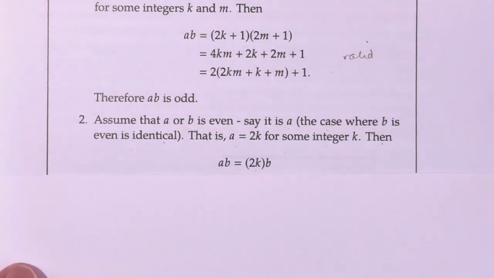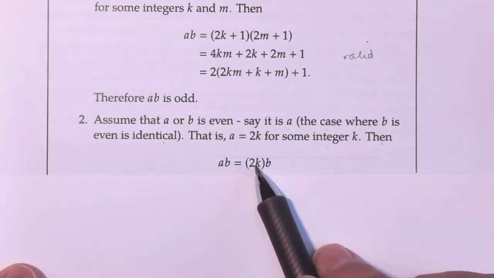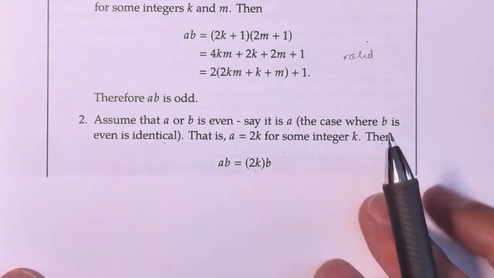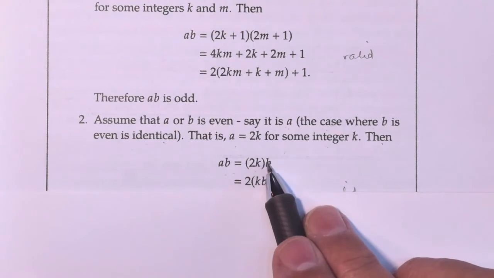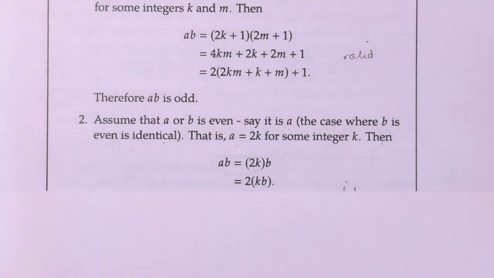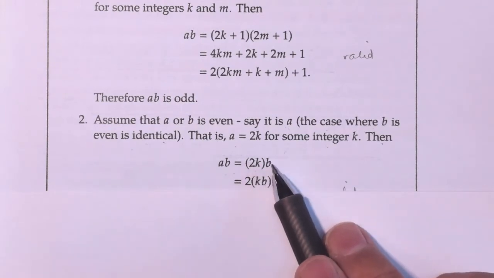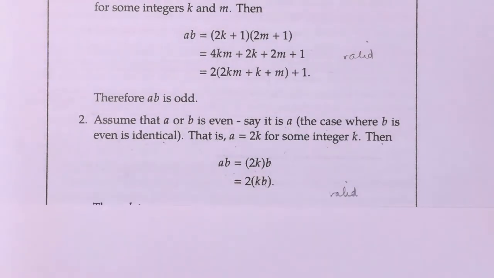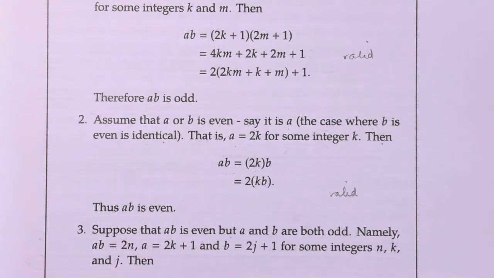Then AB is an even number multiplied by B. Okay? So we can put the k and the B together, we can distribute the B in and remove the 2 as a common factor. So that is even. That product is even if one of its factors was even, so that's a valid argument. It is indeed even.